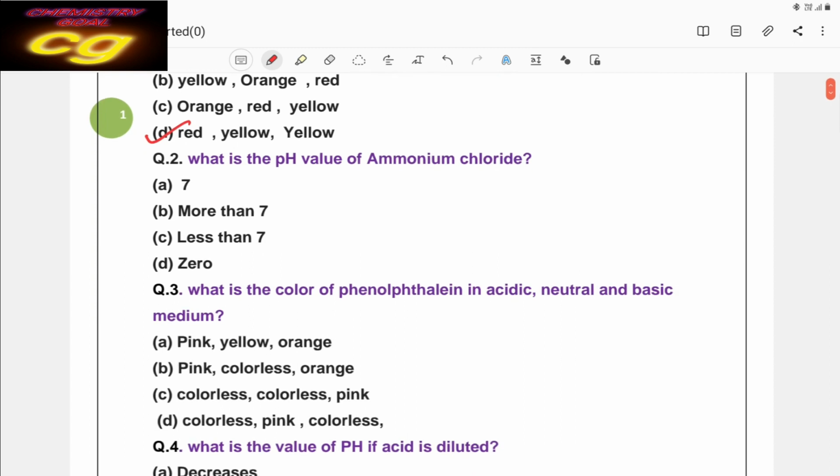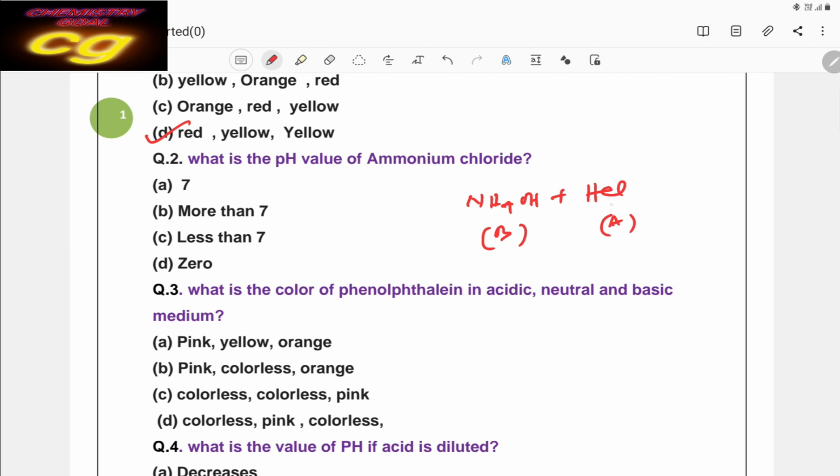Similarly, question number 2: what is the pH value of ammonium chloride? We know ammonium chloride is the salt of ammonium hydroxide and hydrochloric acid. So this is the base, this is the acid.